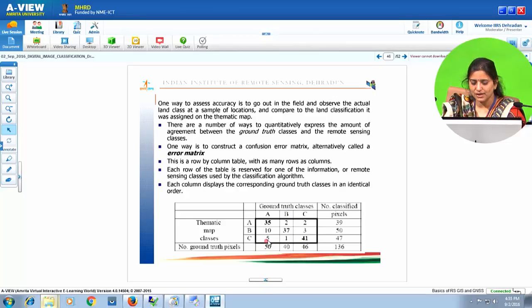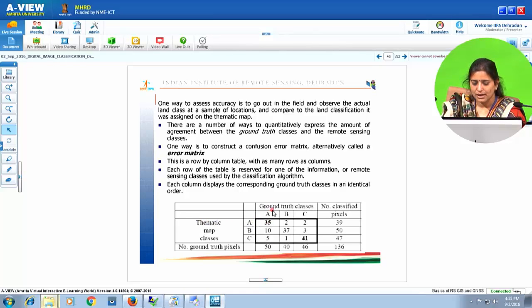Now, when we checked these reference points with our thematic data, out of these 50 points which we found were falling in class A, 35 points were classified as A in our thematic map.